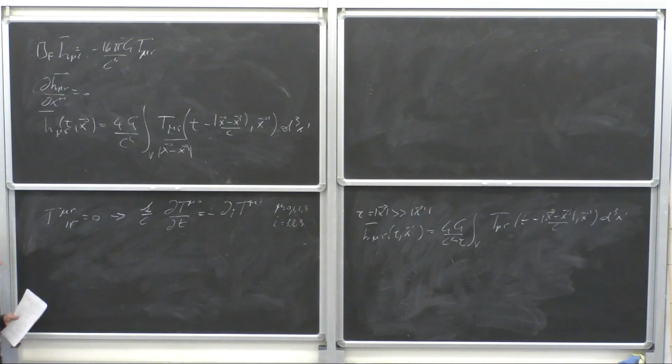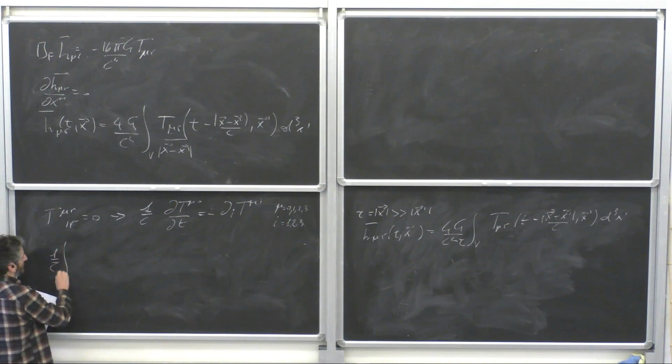So we can integrate over the volume of your source, so you get 1 over c integrate.